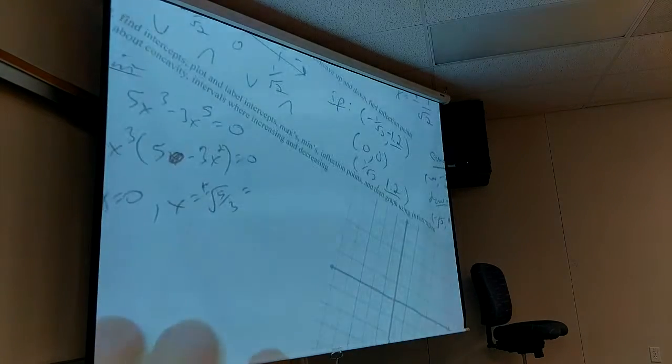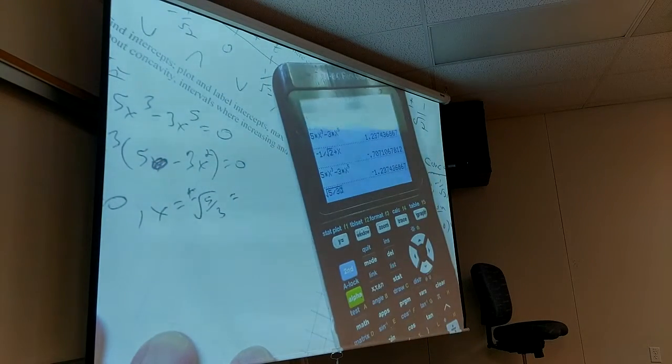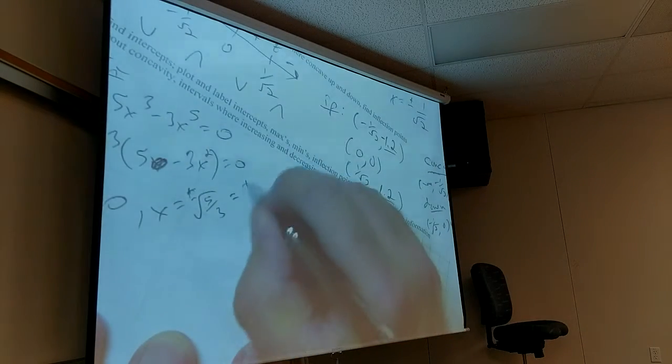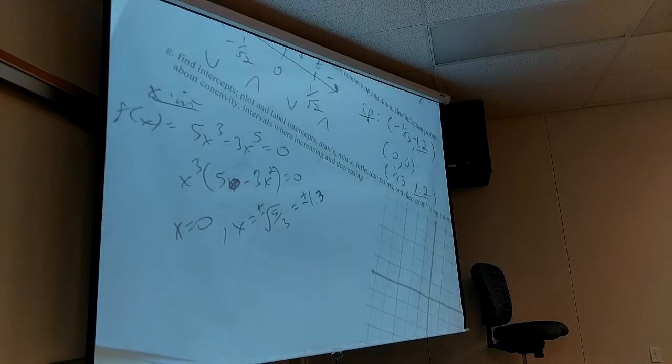So let's see, what is the square root of 5/3? 1.3? Neato. All right. No idea why I'm suddenly writing so sideways, but I will. Are those pretty numbers? No, but I don't care. I've rounded it enough that I can plot it pretty well, right?